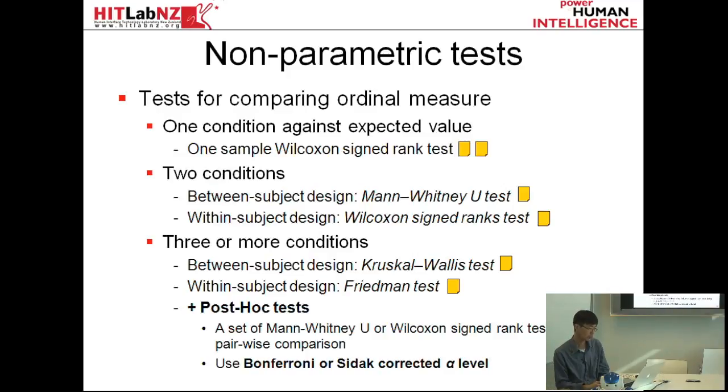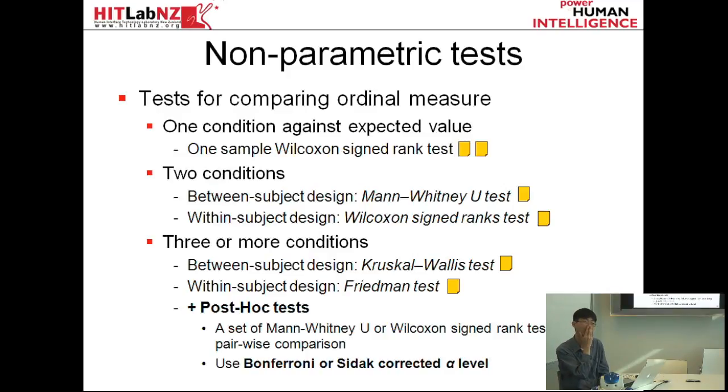Post-hoc tests are as simple as running the other two tests, which compare two conditions in pairs. So you first run the Friedman test, then form pairs of the conditions, and then run the Wilcoxon signed-rank test for each of the pairs, but with the alpha level corrected with either the Bonferroni or Sidak method.